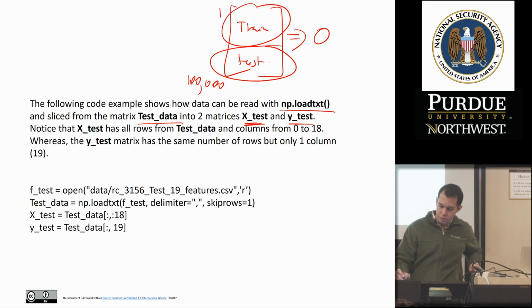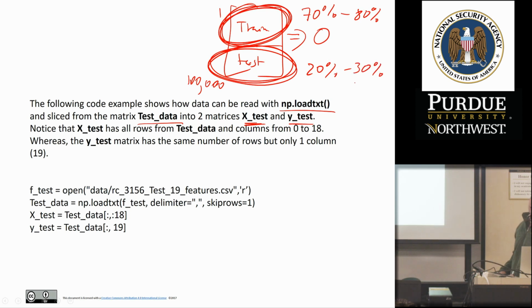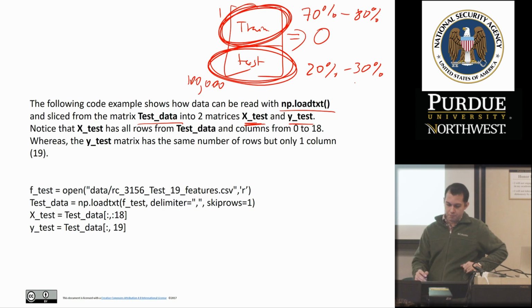So now you only train on that part of the data set, and you leave the rest as a separate data set for testing, all right? Now usually this will be like 70% of the data, or 70 to 80%, and the test can be from 20% to 30%. You see that? And so those are kind of the numbers. Notice that x test has all rows.